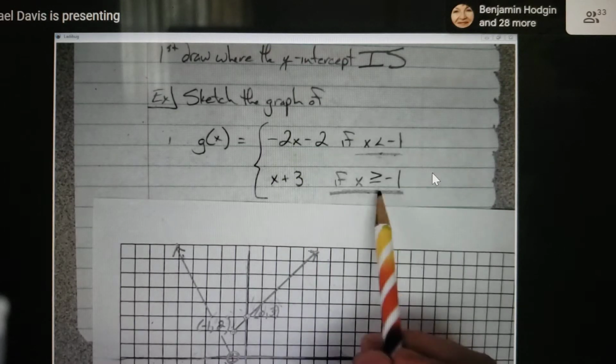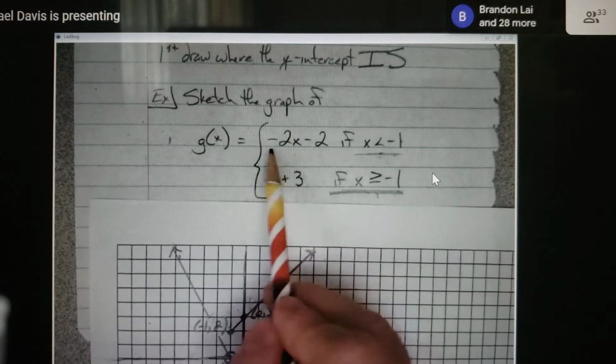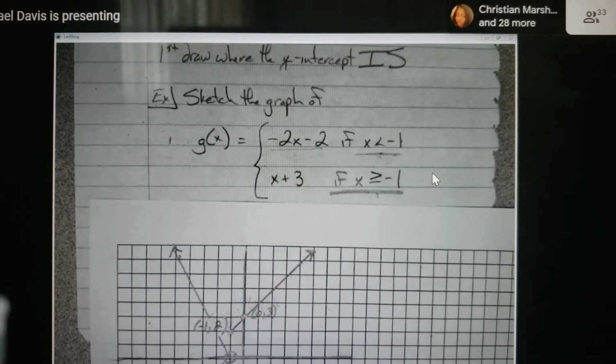You got to read the inequalities. So on the first expression, the -2x minus 2, that's when we had the open circle at 0, -2. We used a negative slope to get an open circle at -1, 0. How did we know they were going to be open circles?